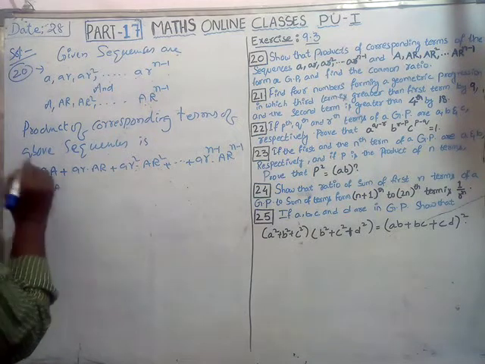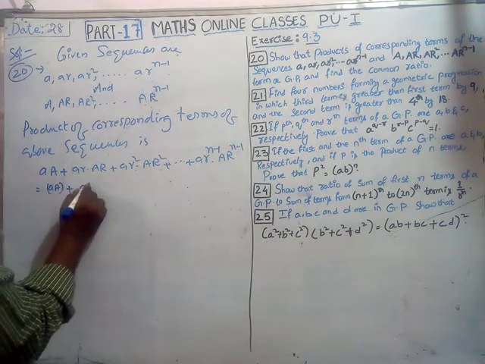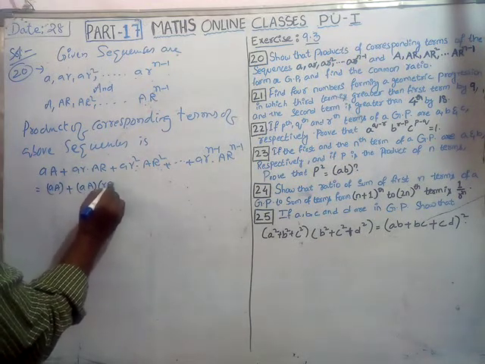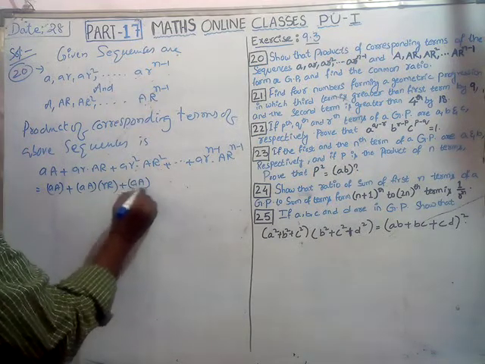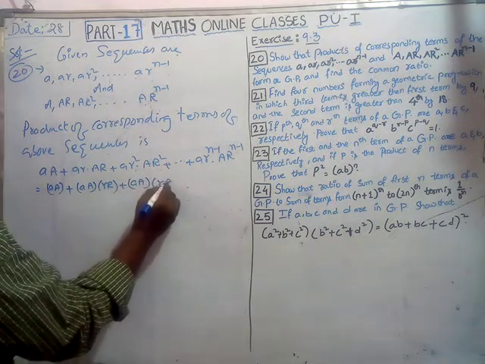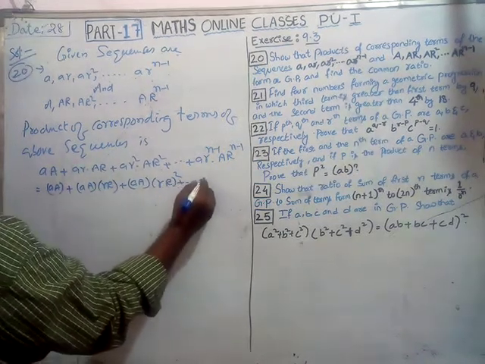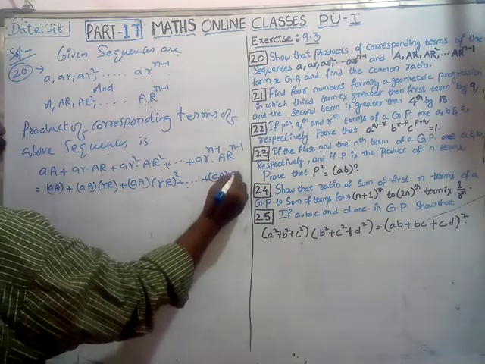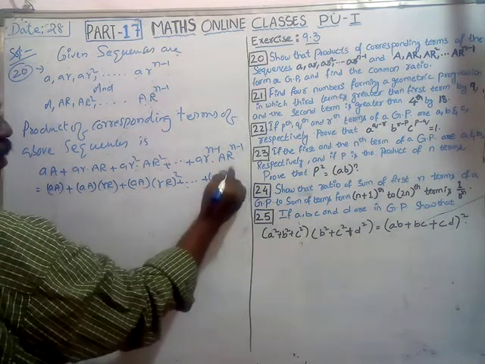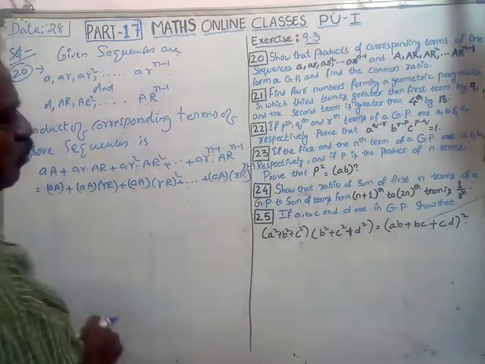Here A capital A is one term. A capital A is also there, into R capital R. Here also A capital A is there, into R square capital R square, and so on, A capital A into small r capital R power n minus 1.